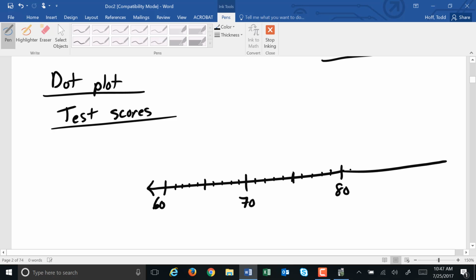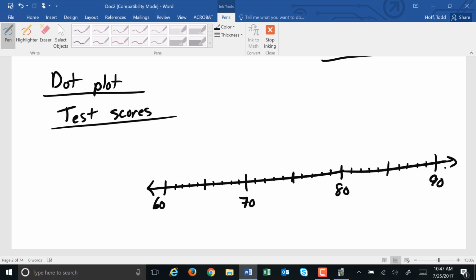And let's say nobody scored above a 90 because that's where I ran out of space on my page. On this number line, pretend that's straight and not sloped, I am going to plot with a dot the result of each test. Now, in this class there's only 10 people, so I'm going to pretend I have a few hundred people in the class to make this work well.